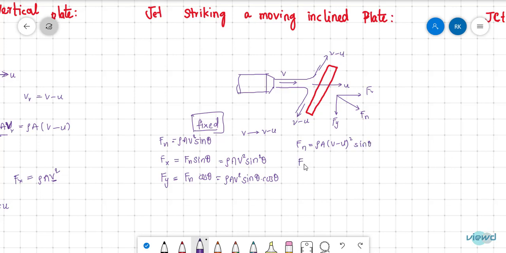And what is Fx? This theta is the angle made with the horizontal. Fx is equal to rho a into (v minus u) whole square sine square theta. Fy is equal to rho a (v minus u) whole square sine theta cos theta.